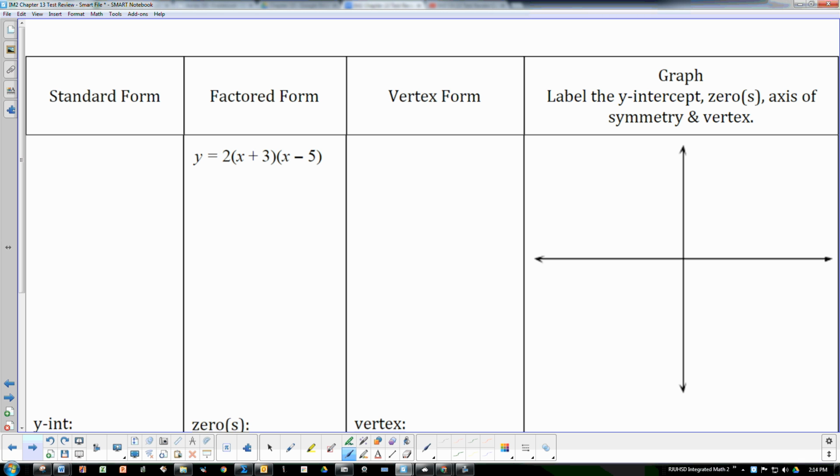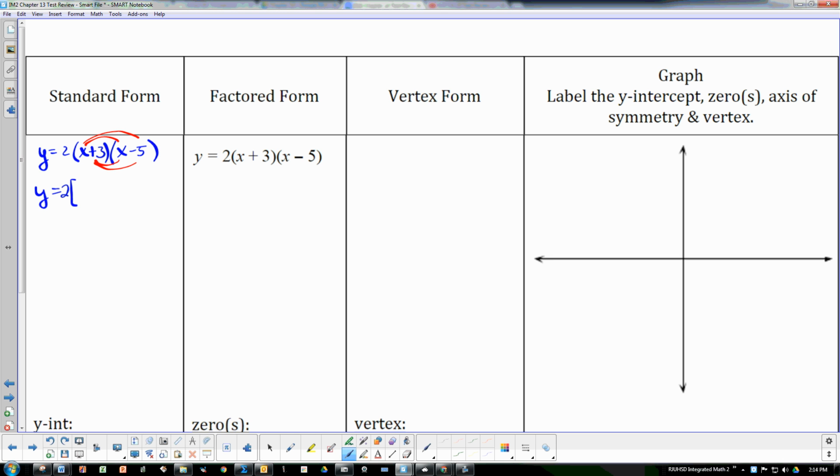Next. All right, on this one we're starting with factored form. I'm going to change it to standard form. Let's perform some FOIL here. So y is equal to 2 times x plus 3, and then x minus 5. All right, this is going to be y is equal to 2, and I have to distribute.